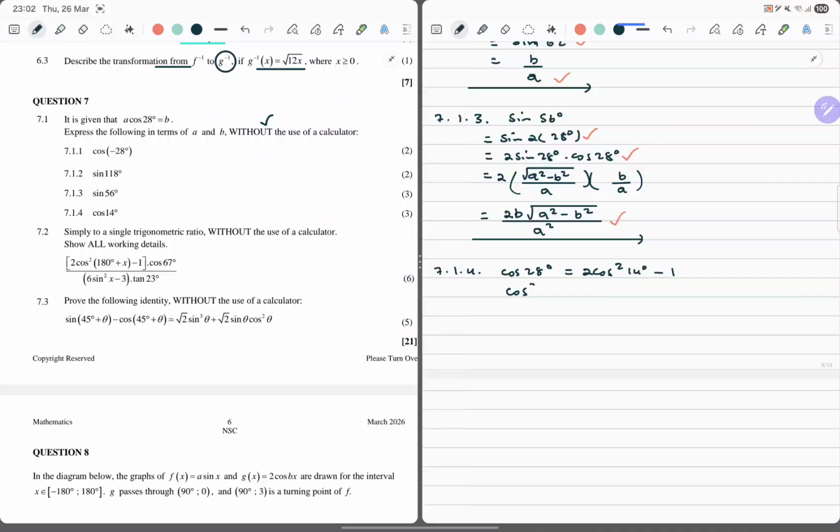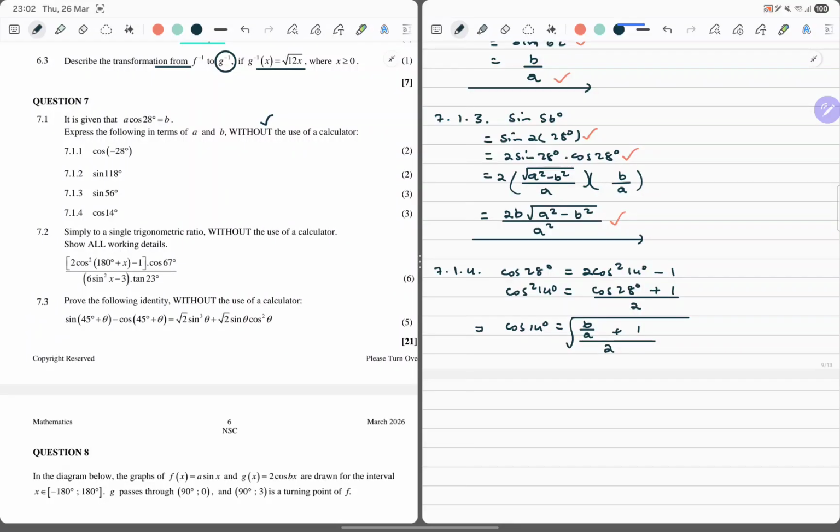So we're going to have cos squared 14 degrees is going to be cos 28 degrees plus 1, all divided by 2. Then this implies that cos 14 degrees is going to be the square root of, what was cos of 28? It was b over a plus 1, all divided by 2.